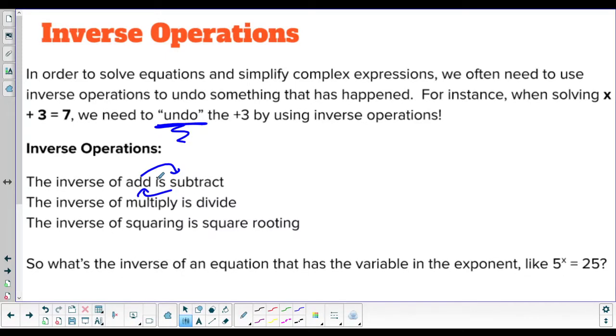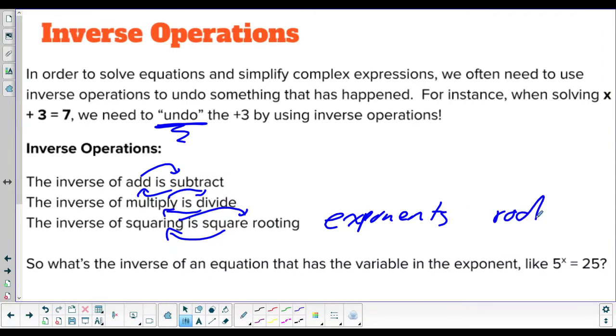Multiplying is the inverse of dividing, and dividing is the opposite of multiplying. Squaring is the opposite of square rooting, and really we can generalize this: exponents are the inverses of roots in general. X to the third power, the inverse of that is a third root.